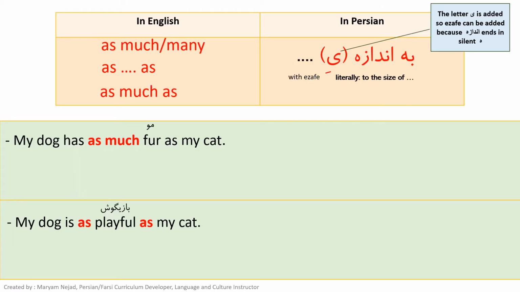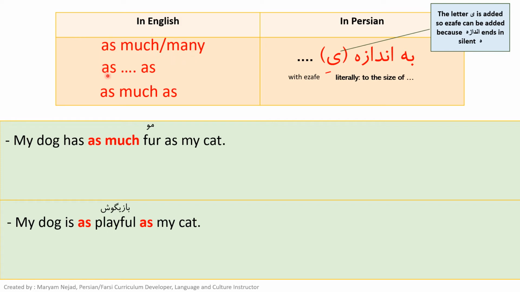Now let's go over the second term, which is به اندازه. This one also gets ezafe, so it would be به اندازه, and then whatever comes after. اندازه means size. So a little bit more literal, it means like to the size of, which in English means as much or as many.